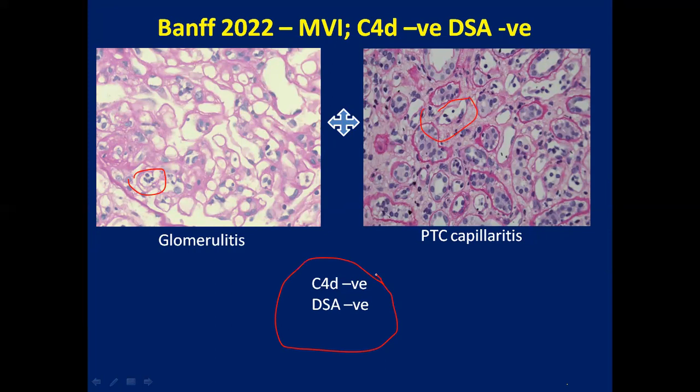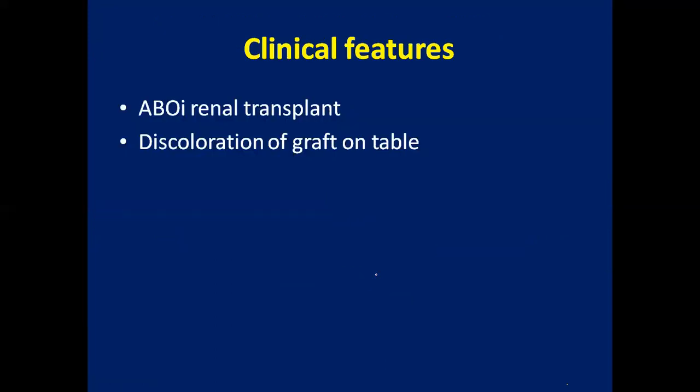These patients should be followed up because they say that these patients will land up with chronic antibody-mediated rejection. It is the antibodies they are not able to pick up, but these antibodies are interacting with the endothelium, and the histological evidence of that interaction is there in the form of microvascular inflammation, which is in the form of glomerulitis and PTC capillaritis.